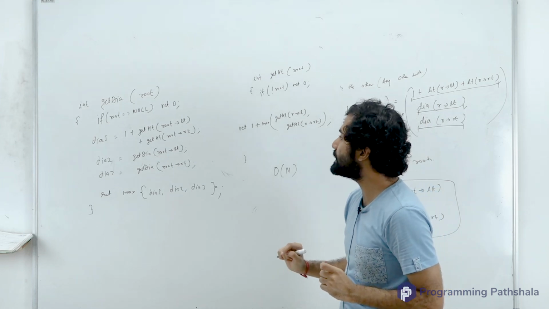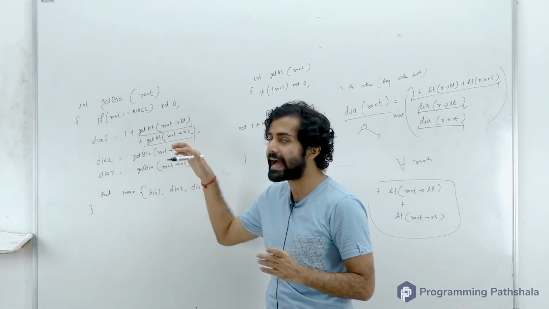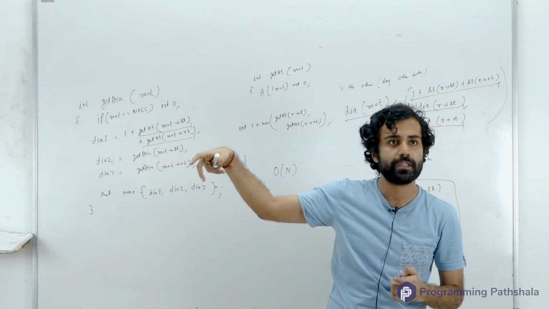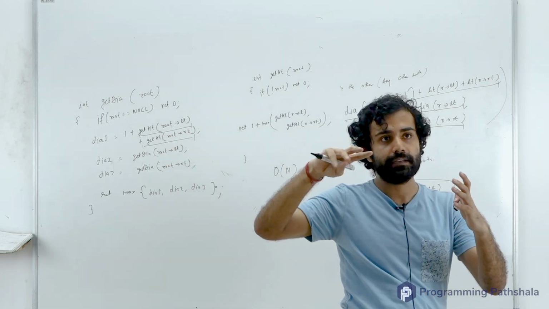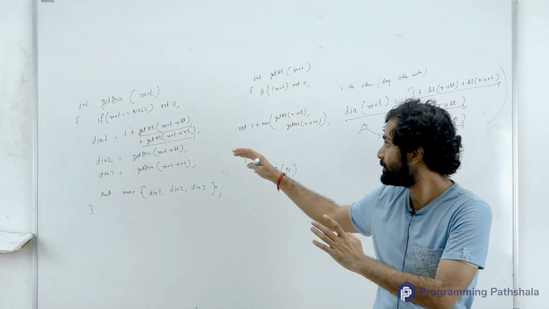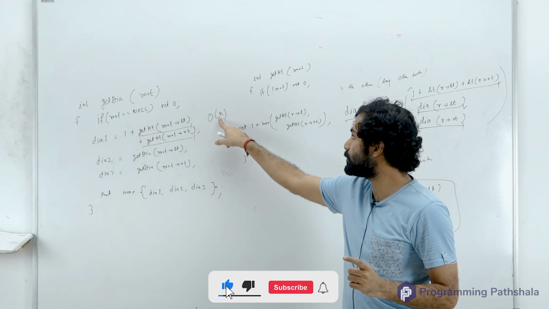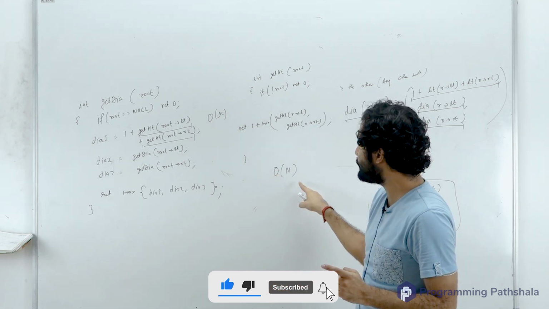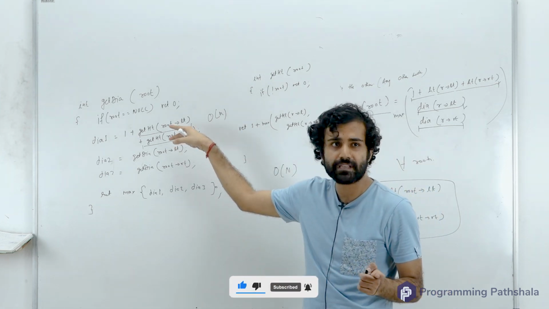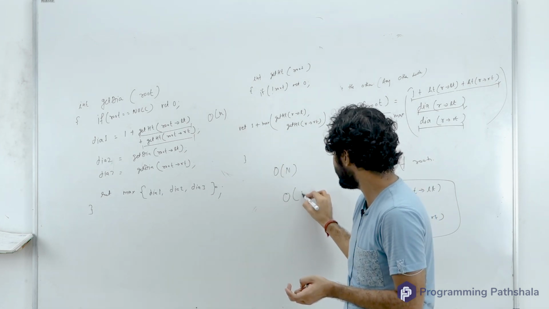But for each invocation you are not doing constant work, because this function call computes the height of a tree rooted somewhere. What is the complexity of get height? Get height on any tree of size at max n is going to take you order n time, right? So since get height takes order n time, and in every function call get height is being invoked 2 times, which would be around 2 into n, it would be around order n into n, so order of n square.